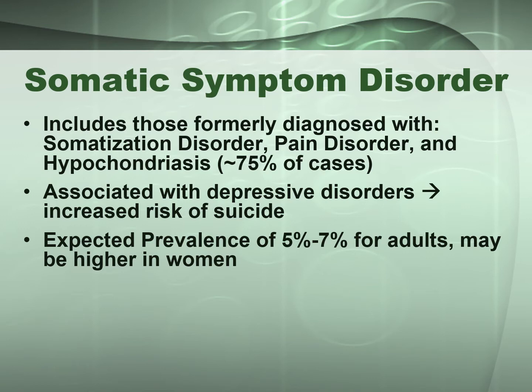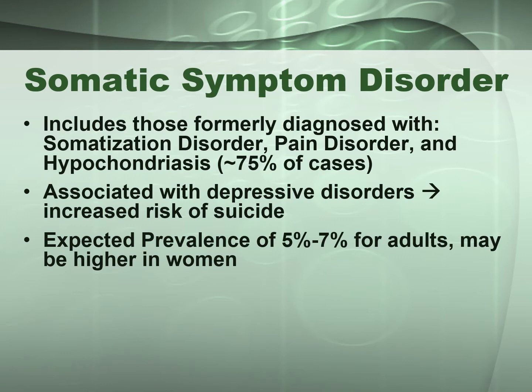In fact, 75% of the cases with somatic symptom disorder would have been people that previously had one of these diagnoses. So whereas we used to say somebody was a hypochondriac, we can't say that anymore because it doesn't exist. It's not a thing. Somatic symptom disorder is also associated with depressive disorders, and this combination can be particularly dangerous because it's associated with an increased risk for suicide.